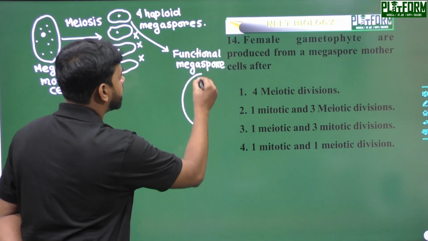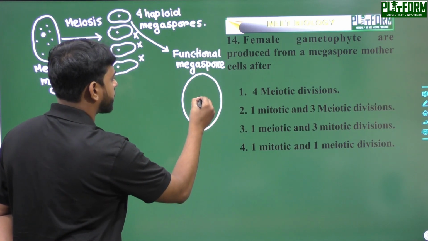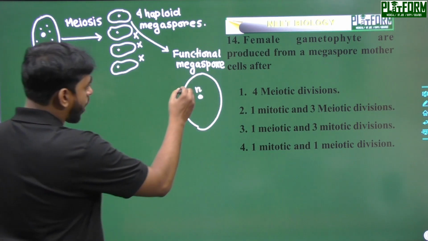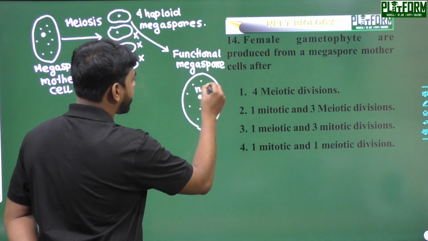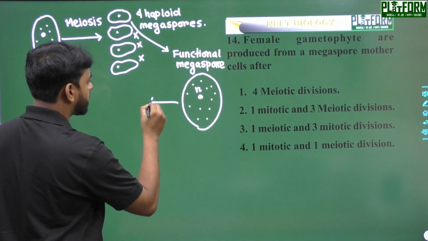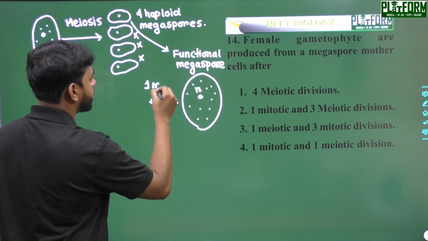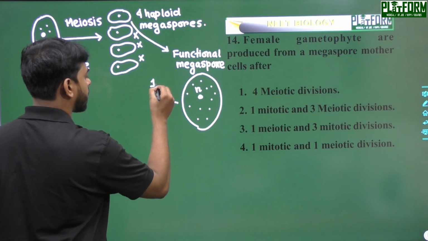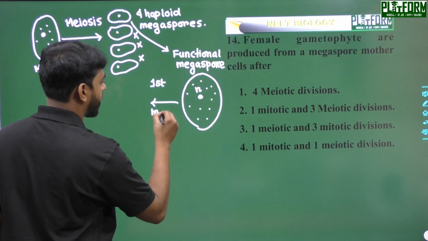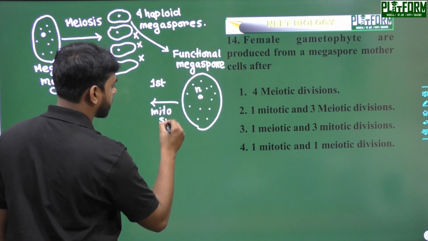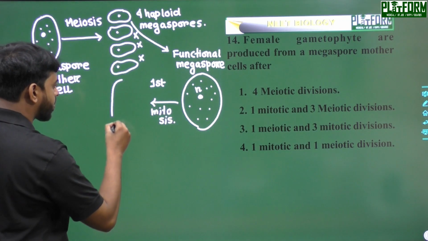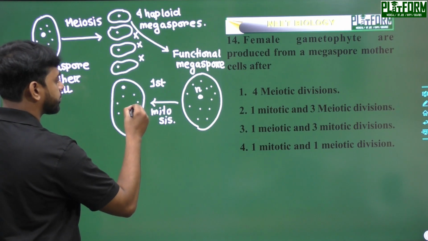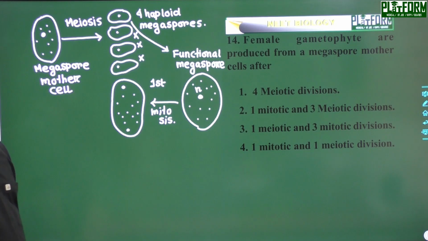So, let us assume this one is a functional megaspore with a single haploid nucleus. Now, what will happen? This functional megaspore undergoes first mitosis to produce a 2-cell structure. This one is a 2-cell structure.